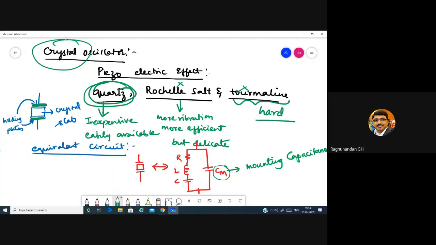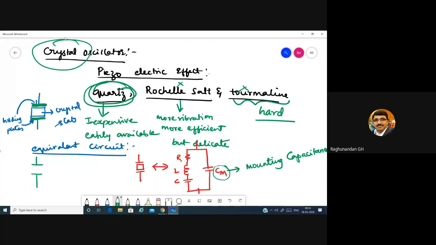We have these two plates, no? If I remove this crystal, how do they look like? Parallel plate capacitors. So even they exhibit some capacitive effect or capacitive behavior. The steel plates exhibit capacitive behavior.